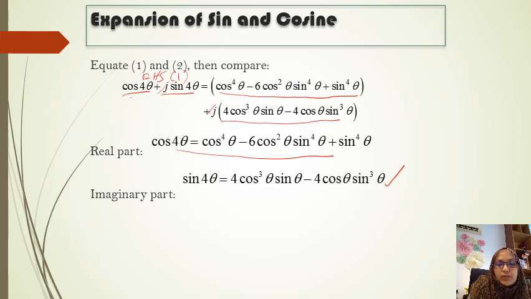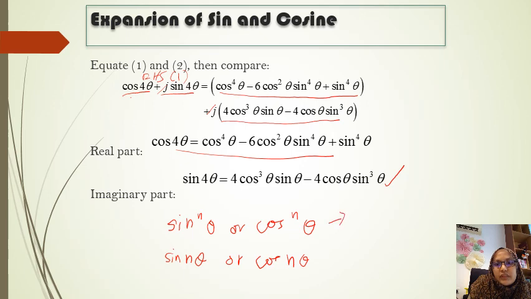Okay, that's it. So there are two different expansions that you need to know. First one is sine n theta or cos n theta power n, and second one is sine n theta or cos n theta in terms of powers.